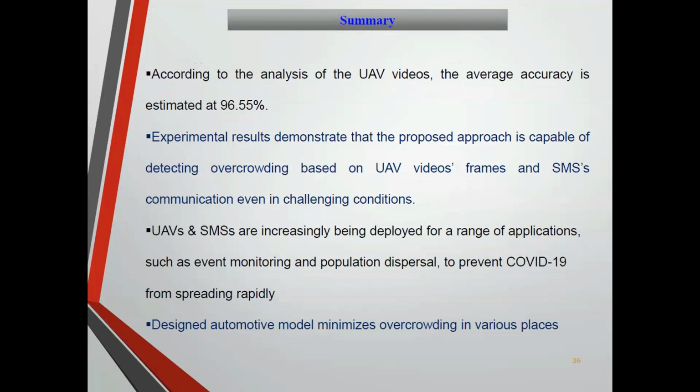According to the analysis of the UAV videos, or drone UAV SMS model, we achieved average accuracy. Why average? Because the number of folds is 10. The proposed approach is capable of detecting overcrowding based on UAV video frames and the social monitoring system's communication, even in challenging conditions.